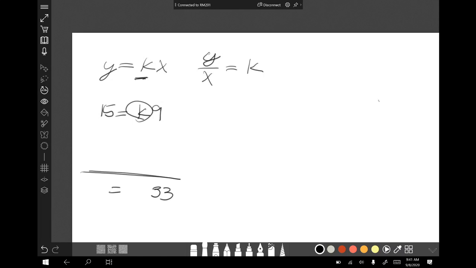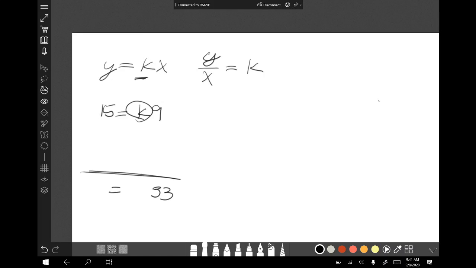All I have to do is isolate k. What should I do? Yeah, we would say divide both sides by 9.